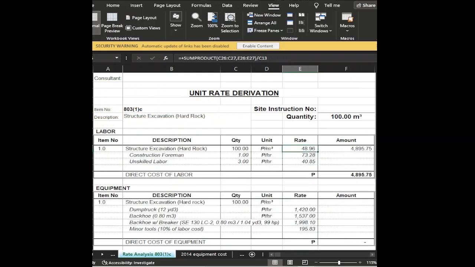If you follow my previous discussion, this one is VLOOKUP from that page, so that we can get it directly from there to here.